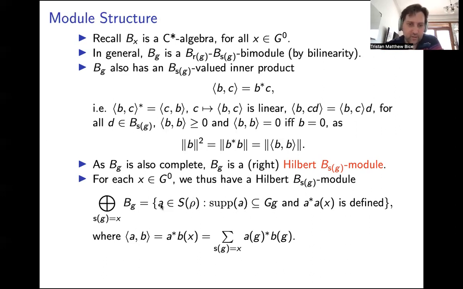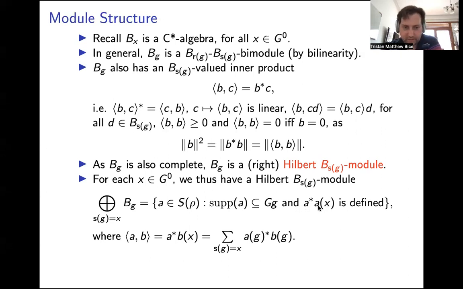You look at now, well, you can look at sequences, or here I guess it's more convenient to look at sections which are supported in big G little g. So sections which are supported on all those elements, all those groupoid elements, which share a source with little g. Okay, and you don't want to look at arbitrary sequences because, well, then your inner product may not be well defined. So you specifically look at those sections here for which A star A X is defined.